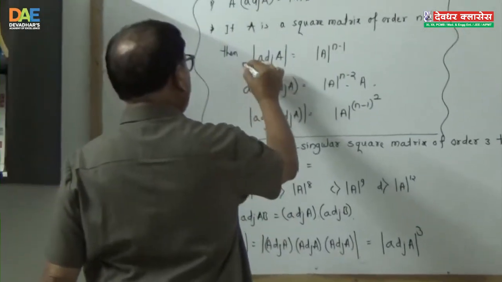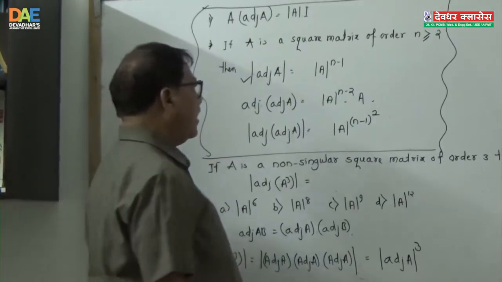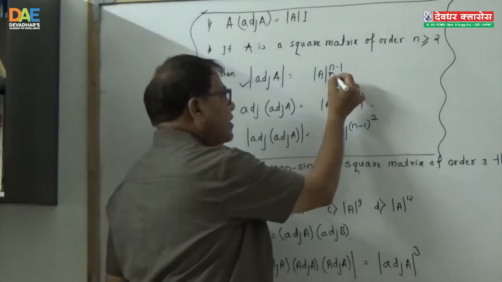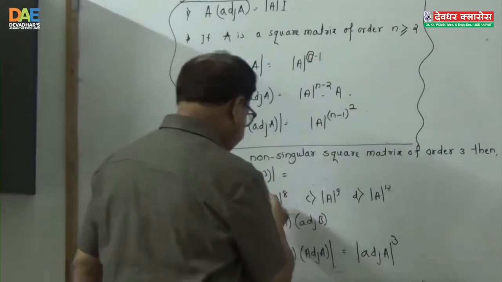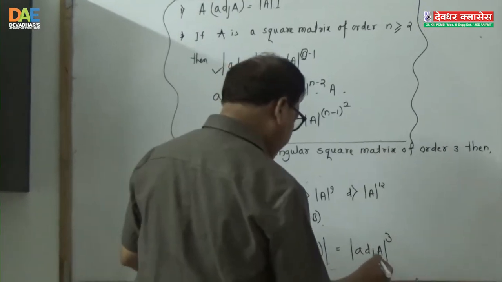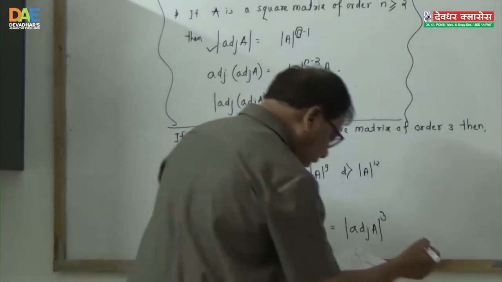But what is the adjoint A? Mod A raised to n minus 1. What is the order n of that?